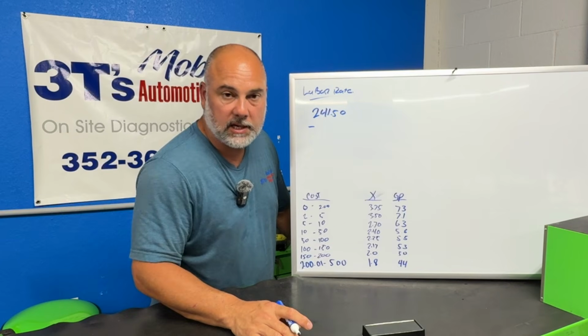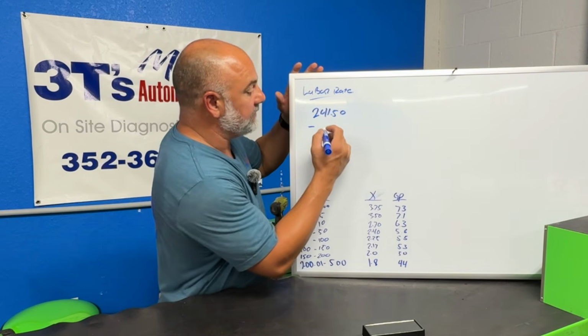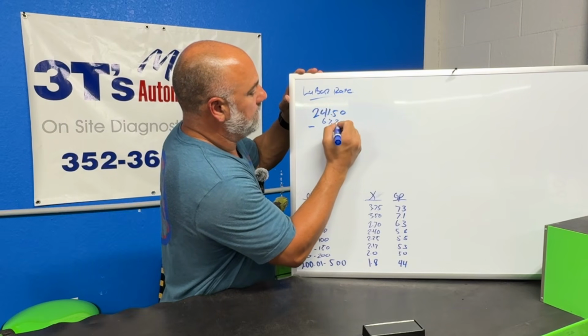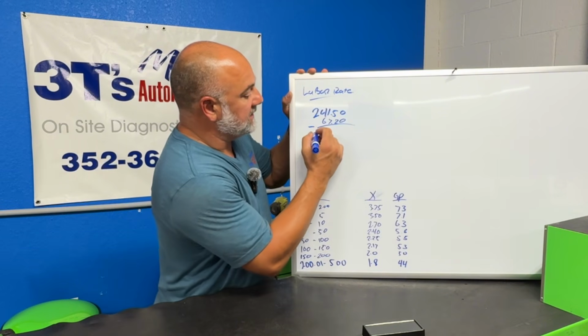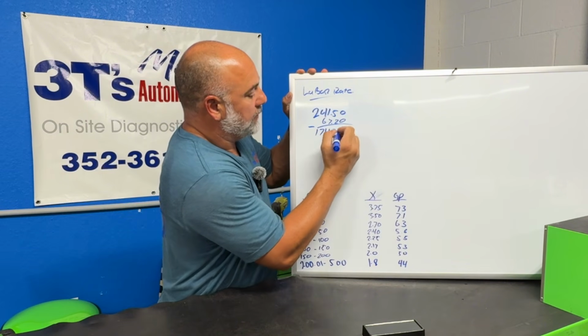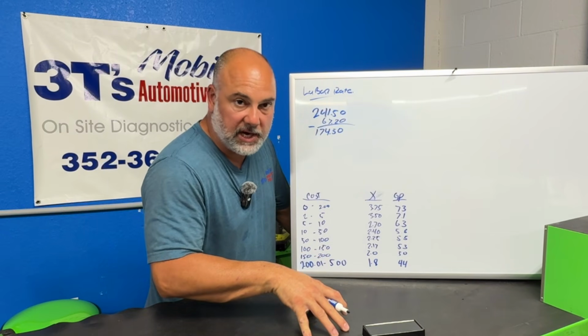So what's our cost? That $32 times 2.1, which in this case is $67.20. Okay? That leaves us with $174.30 in profit on the labor for this job.